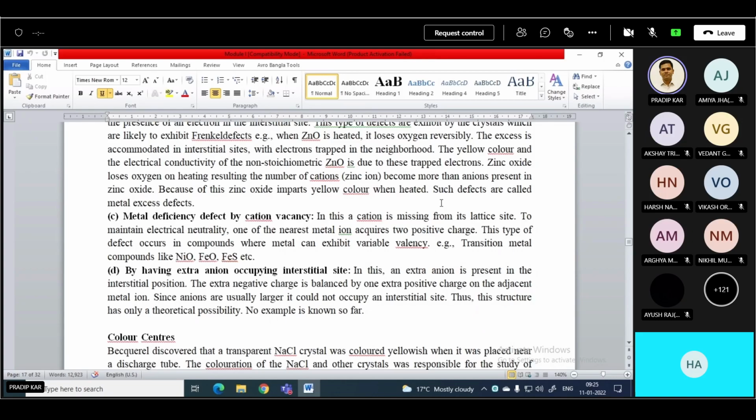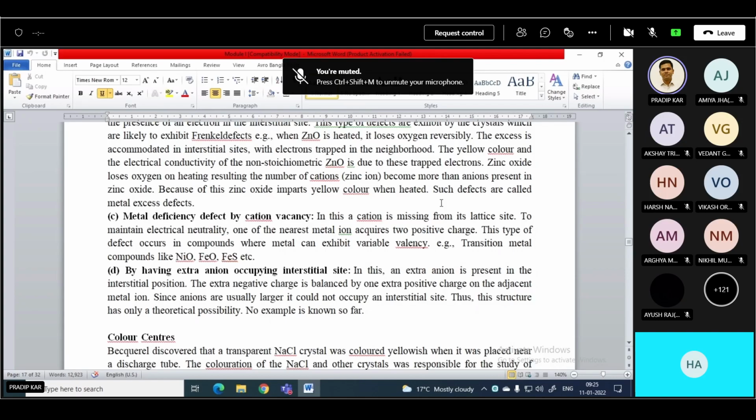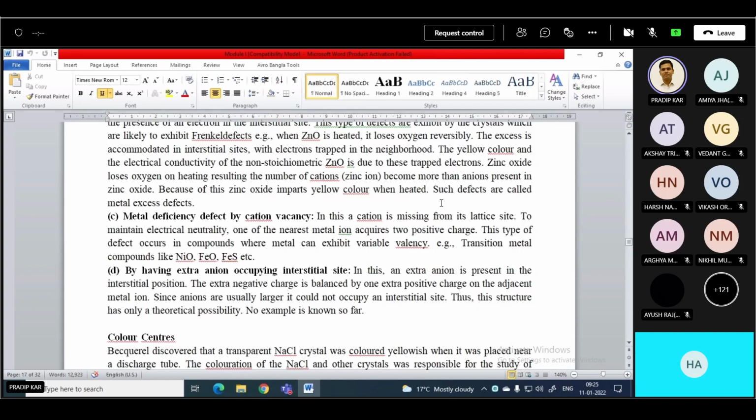Like nickel, it may accommodate extra charge, or Fe2 plus may accommodate extra charge to become Fe3 plus. So those transition compounds which can accommodate an extra charge can have a metal deficiency defect by cation vacancy.